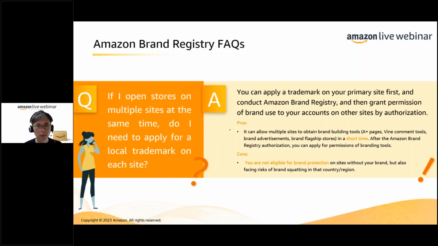The pro is that you can allow multiple sites to obtain brand building tools, like I mentioned earlier. However, the con is that you're not eligible for brand protection on a site without your brand. Meaning if your trademark is in the US, you can extend the feature to, for example, the Singapore store, so your Singapore store can also use the brand building tools.